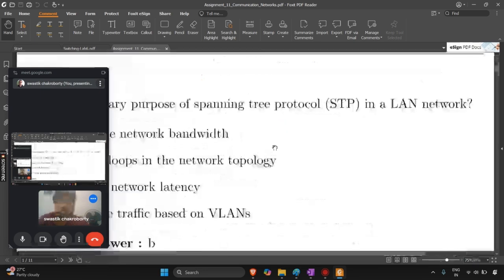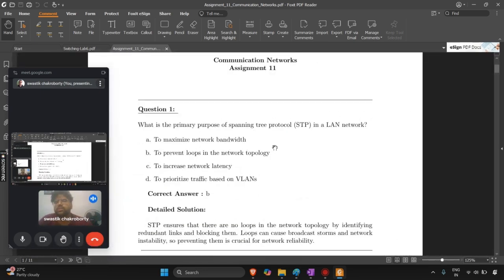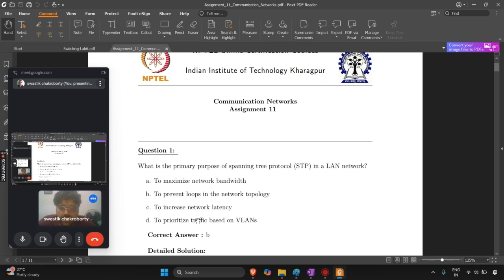The first question is, what is the primary purpose of a spanning tree protocol in a LAN network?